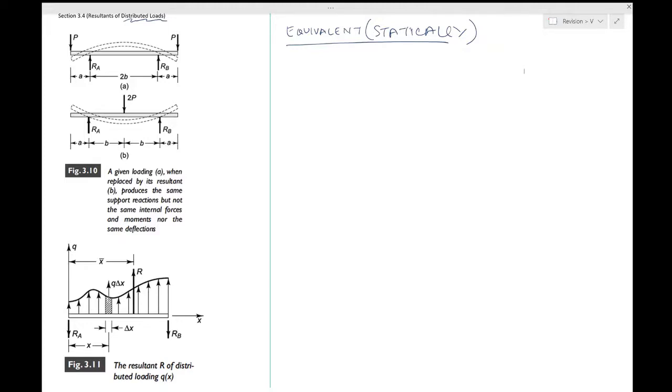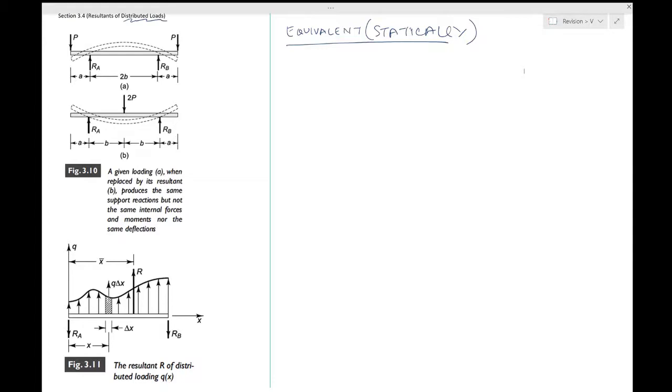It is not allowed when internal forces and moments are calculated. So in trying to find this Ra and Rb, it's okay, but you cannot do it for the internal bending moment or the shear forces. So we will illustrate that using an example like this.